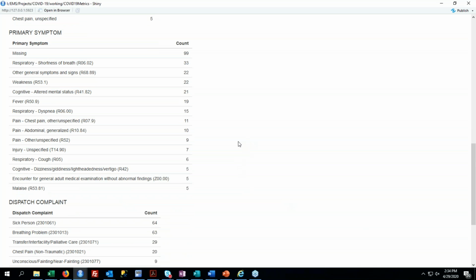So you can see there are many records for which the primary symptom was missing in these data. But we're also seeing shortness of breath, and then general symptoms and signs, weakness, cognitive. So many of these are very familiar and the things that we would expect to see, but there is a bit more range to the types of values and the types of symptoms that people might be displaying.